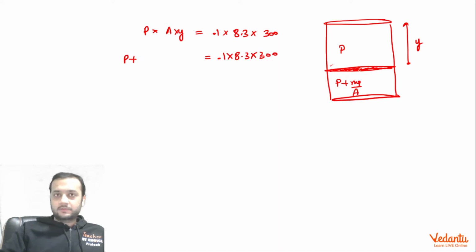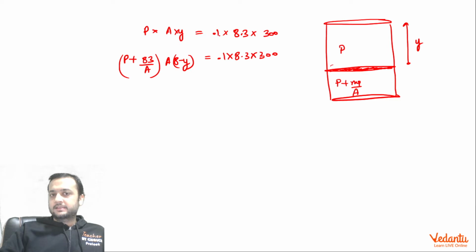Now the mg of the piston was 8.3 into gravity, that means 83 upon area, right, into the cross-section area into this length, which will be 8 minus y, because the total length was 8. So from here you can see very easily that the value of PA can be directly found from the first equation.